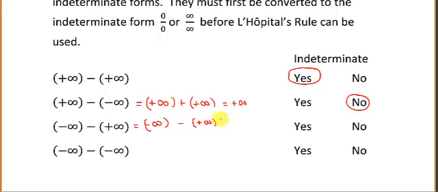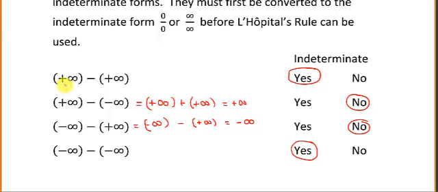If we take a negative number and subtract a large positive number, we're going to get a large negative number. So this is not an indeterminate form. Okay, we have to be a little bit careful. Then if we take a large negative number and subtract a large negative number, again, we don't know what's going to happen. So that is going to be an indeterminate form.